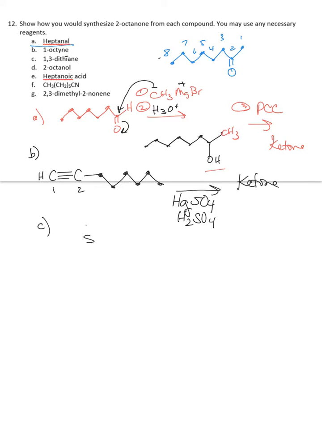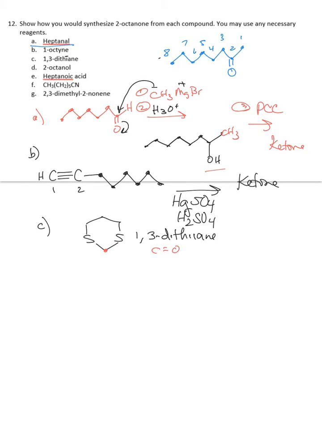1,3-dithiane. So what is 1,3-dithiane? This is 1,3-dithiane. You do need to know that. And now, what's nice about 1,3-dithiane, this carbon here between the sulfurs is like a masked carbonyl. Okay?